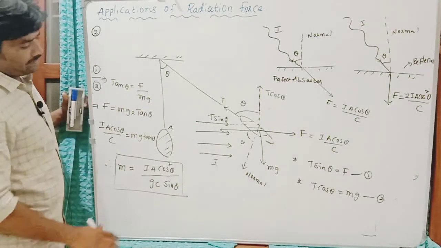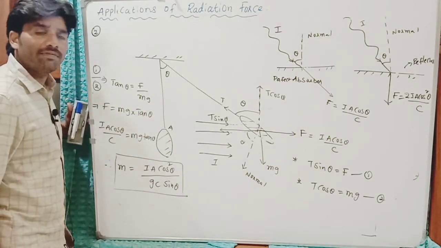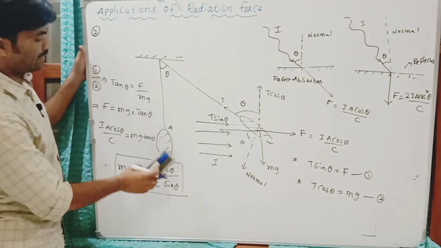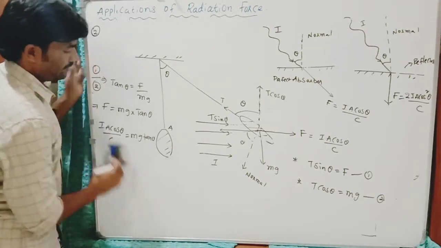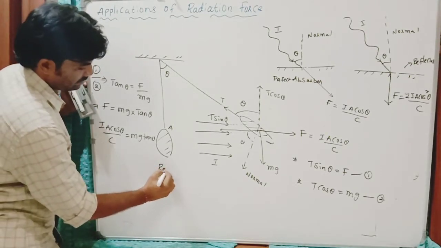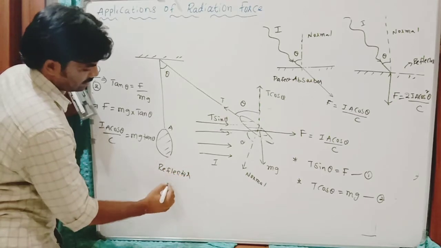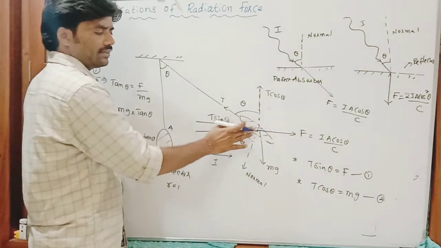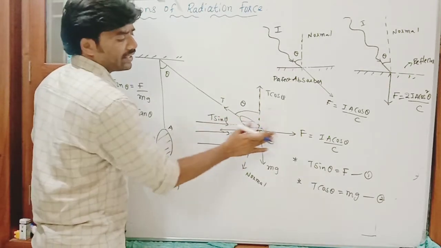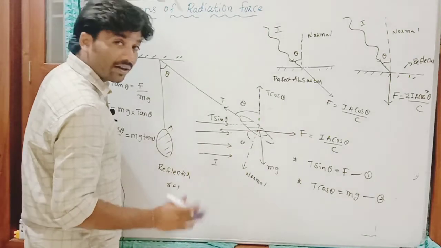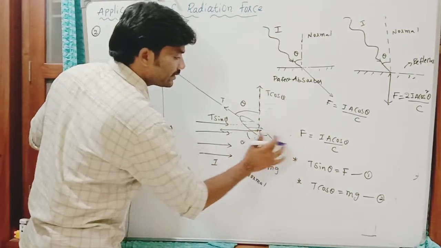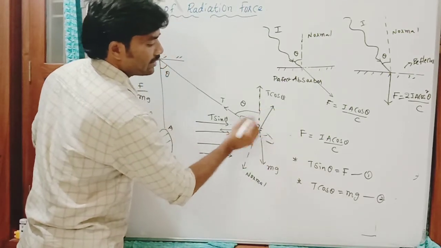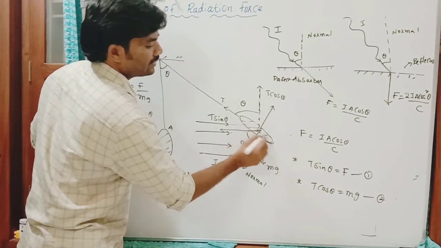Now, if the same object is a perfect reflector, R equal to 1, then the same radiation will exert a force, but the force is not along the direction of incidence. On a reflecting body, the force is always perpendicular to the surface of the object, perpendicular to the plane of this material.